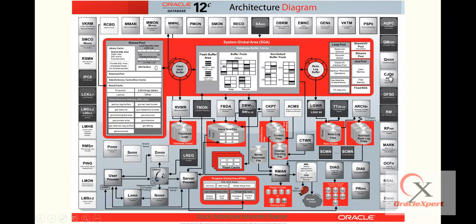Job slave processes, JNNN, are created and awakened by the job coordinator when it is time for a job to be executed. Job slaves gather all the metadata required to run the job from the data dictionary.